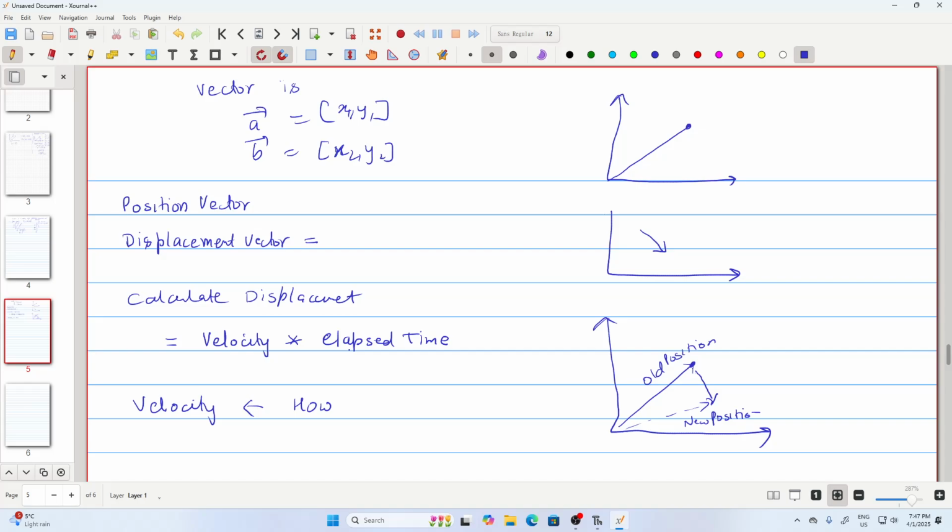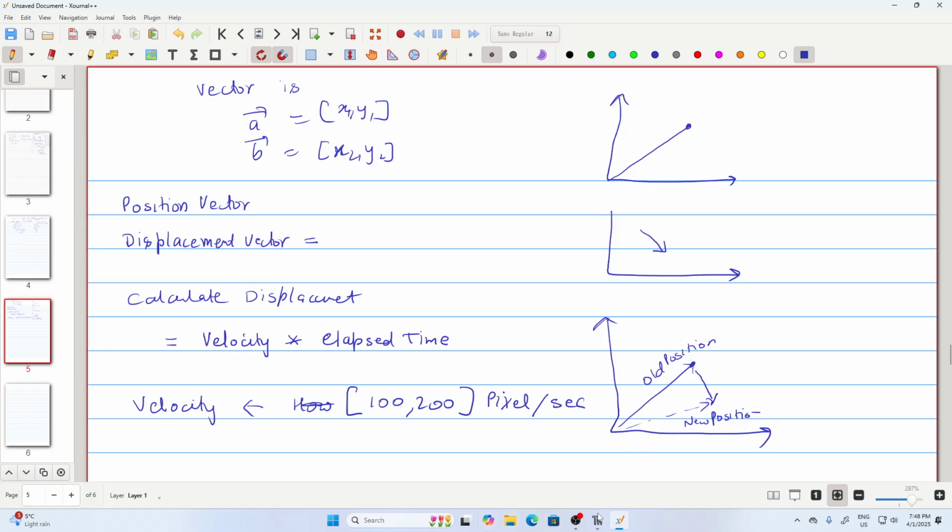So suppose the velocity is 100, 200, it means it is moving 100 pixels per second in the x direction and 200 pixels per second in the y direction. And as we learned, velocity can have a component in the negative direction, which means it's moving in the negative x direction. So now, since we know all this stuff, let's clean up the code a little bit, and we'll use these names.